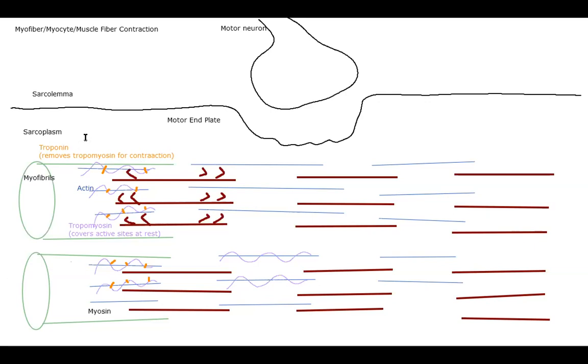One more thing before we jump back to the PowerPoint here. The actin filaments are connected to each other by proteins, kind of zigzaggy here. So this is again binding the actins together, so they all kind of move as one.